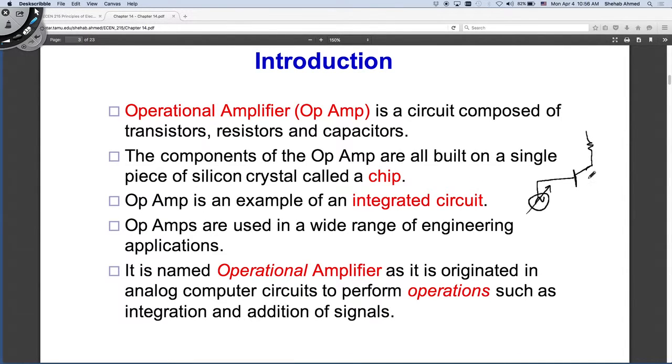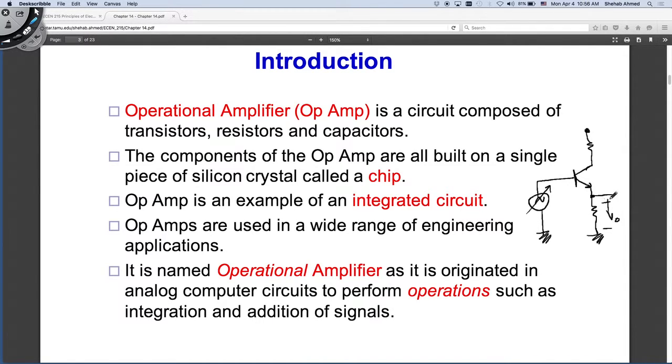Let's say you have a resistor here and another resistor here, and you would like to control some output voltage across this resistor. You want the output voltage to be controlled by this source that you're controlling, in a certain way.